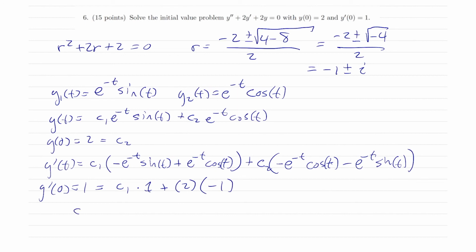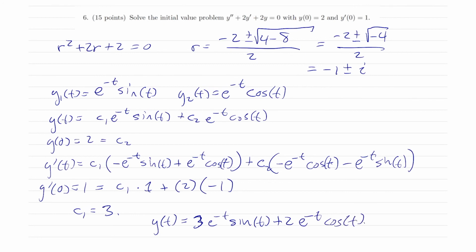And so then I get C1 is equal to 3. So that is my solution. I get y of t is equal to 3 e to the minus t sine of t, and then I get plus 2 e to the minus t cosine of t.